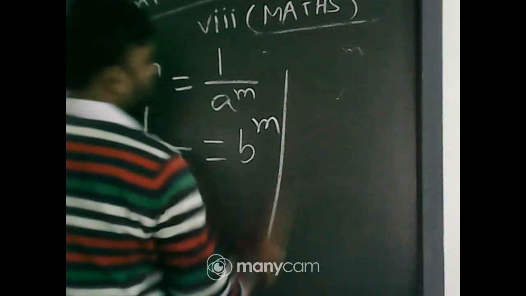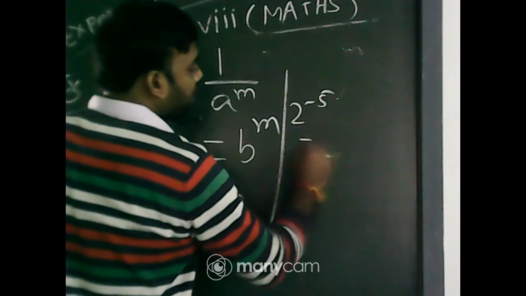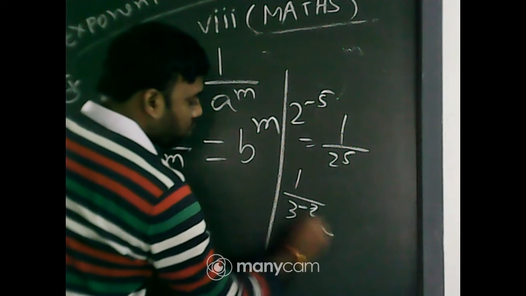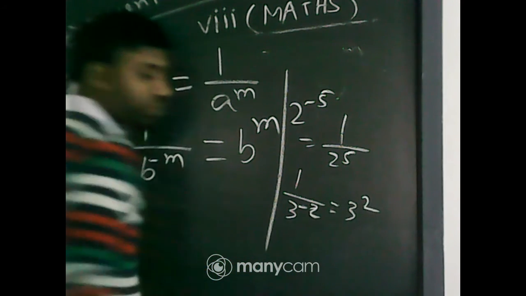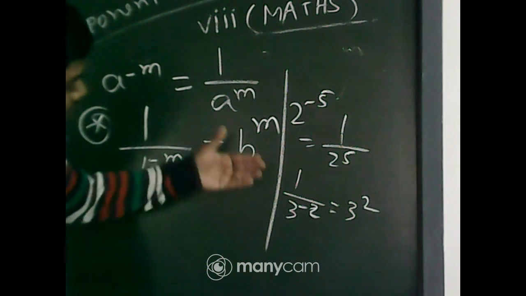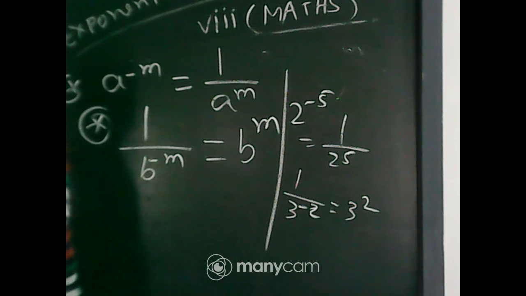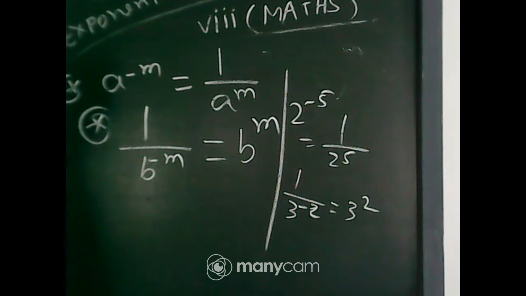Example, 2 to the power minus 5, it means 1 by 2 to the power 5. 1 by 3 to the power minus 2 equal to 3 to the power 2. Just numerator, it was in denominator. In numerator the sign is changed. Sign of power is changed. Got it?